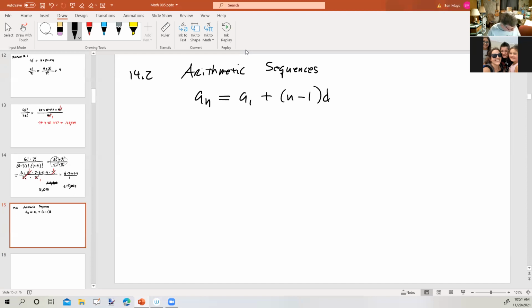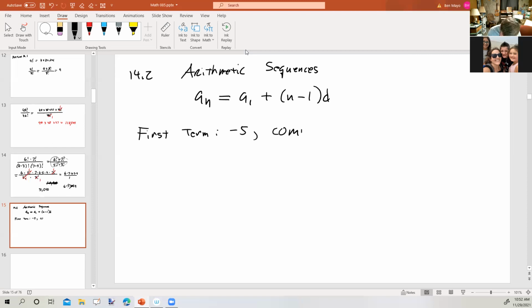This says, write the first 5 terms of an arithmetic sequence with the given properties and find the specific term. Okay, let's see. It says the first term is -5.